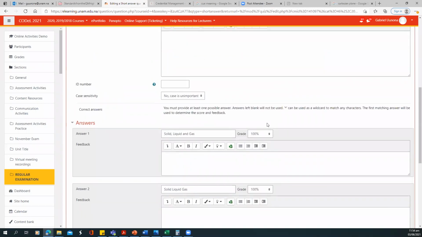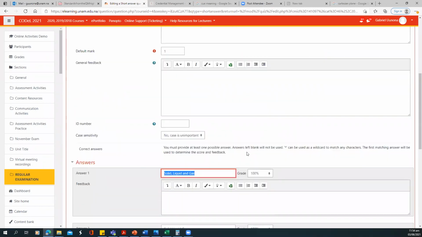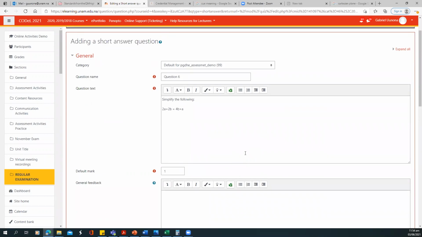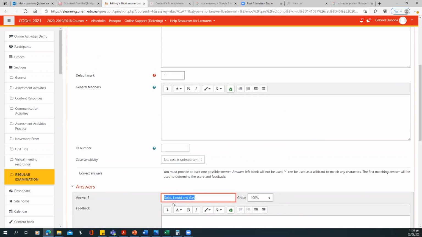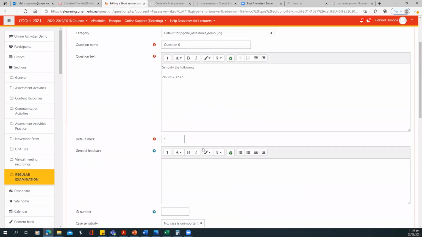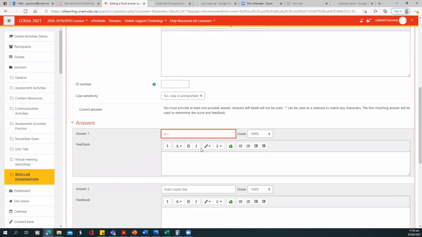The final correct answer would eventually be A plus 2B, A is equal to 2B. A equals 2B. That would be the answer.